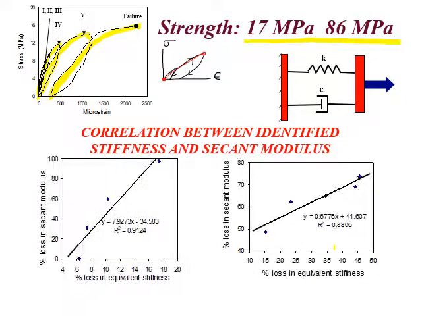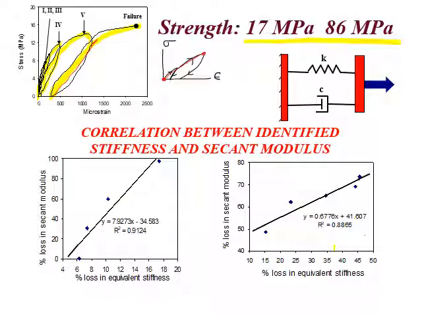What we found is that as we were increasing the stresses, the secant modulus is reducing. The slope of the curve is reducing. That means that the stiffness is going down.